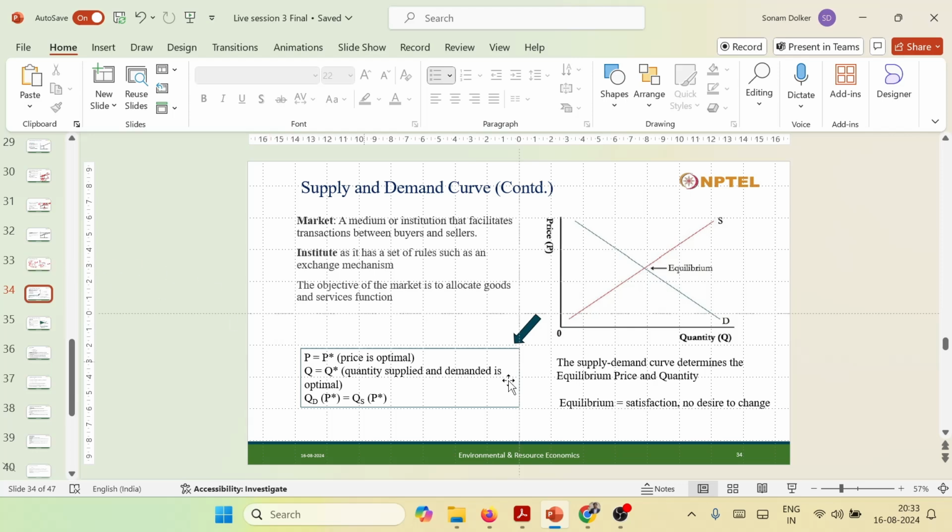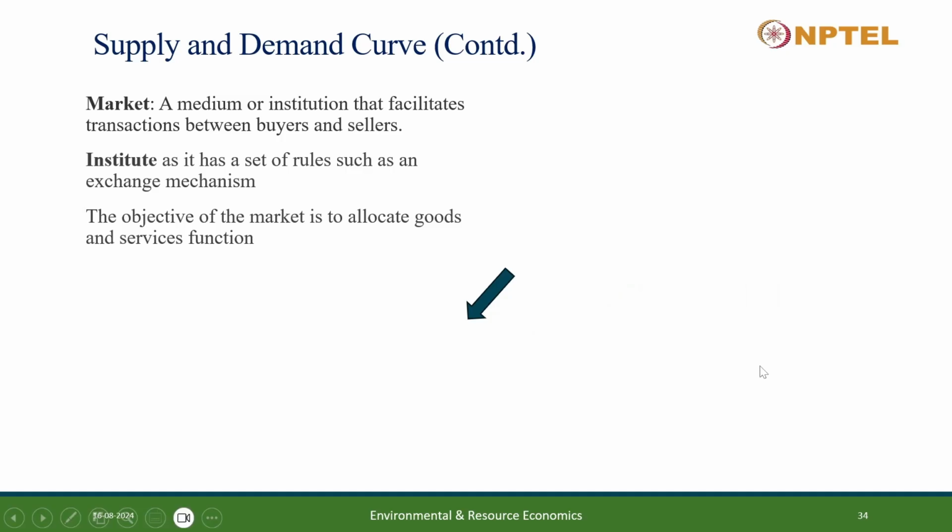Yes, ma'am. Okay. Now, what is a market? Market is the medium or institution which facilitates the transaction between buyer and seller. Let's say that I am willing to buy a shirt. So who will give me a shirt? Someone else is there who is not willing to sell a shirt, but he is willing to sell a computer. But I need a shirt. So a group of buyers and a group of sellers come together in a market which facilitates the transactions.